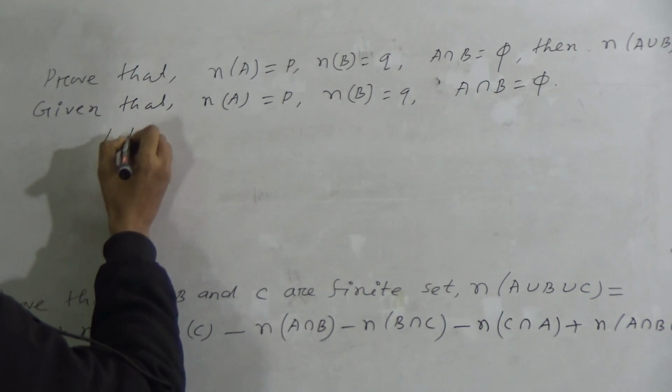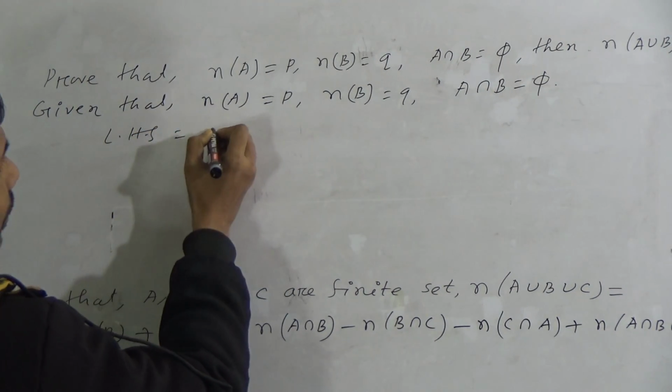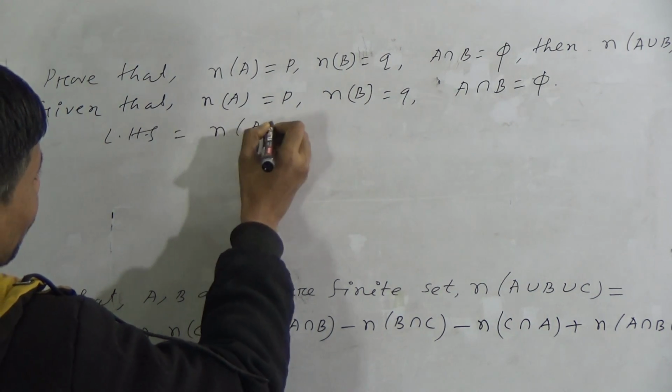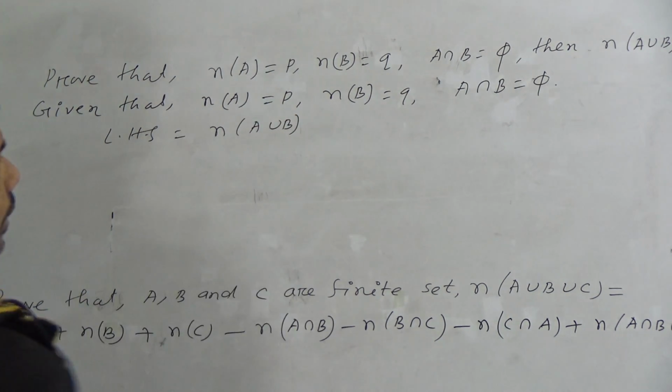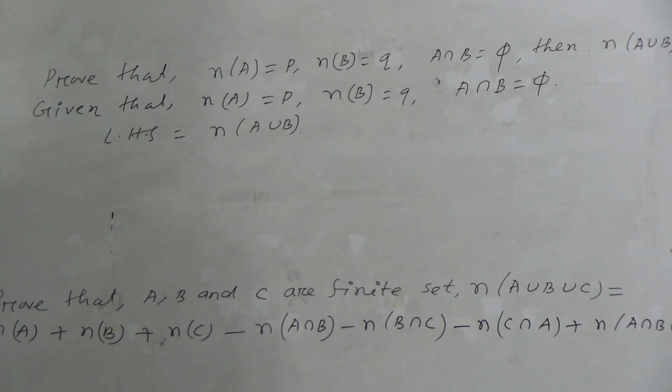Now write the left hand side, number of A union B, and we need to show it equals P plus Q.